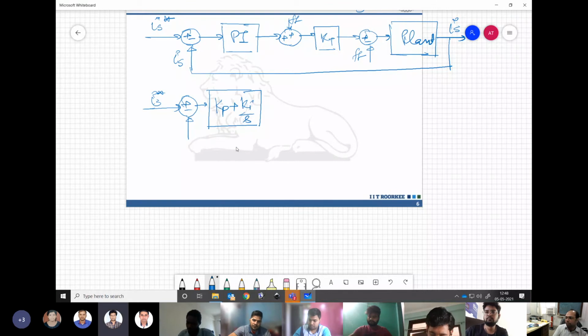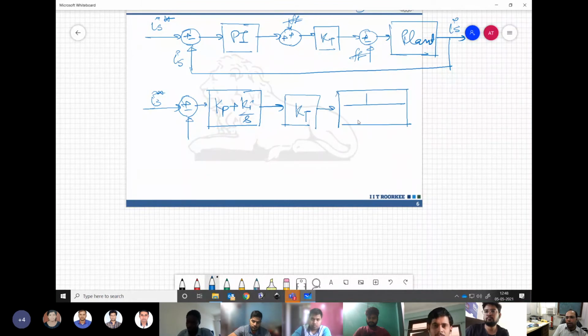Isn't it simple? Yes. Now all the disturbance we can ignore because in designing the controller, the disturbance doesn't matter. So we can simply ignore these disturbances. Then what we are left with? KT and our plant. What is our plant?